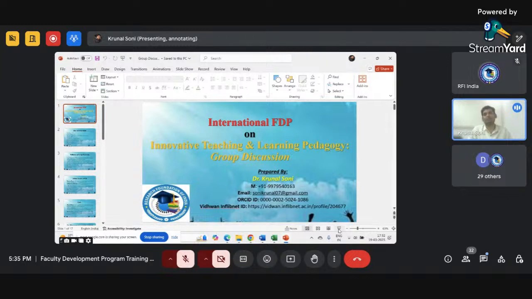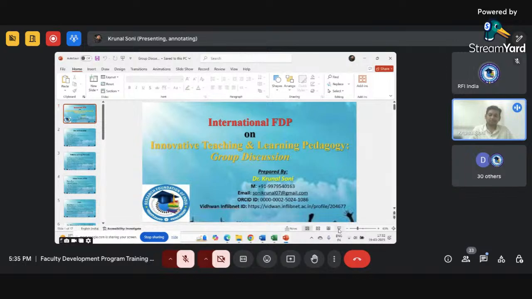Or else, if we want to make our teaching learning process more concrete, with practical understanding of the topic or content that we have taken into consideration, right? So there are multiple perspectives, multiple objectives, and multiple utilizations as far as the group discussion is concerned as a part of innovative teaching and learning pedagogy.